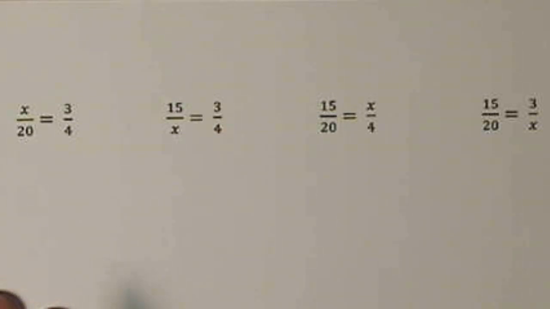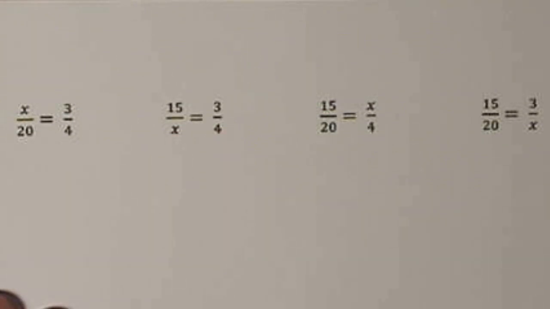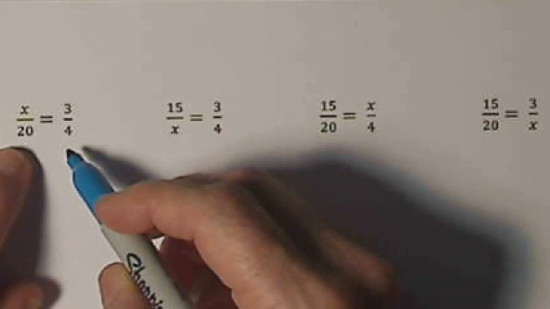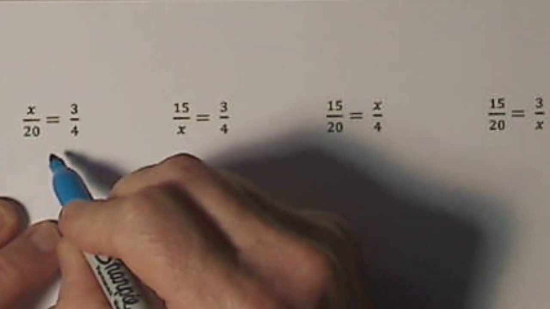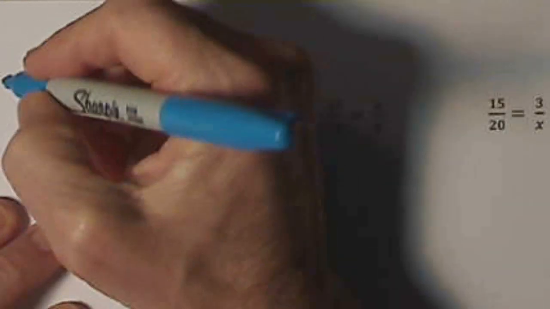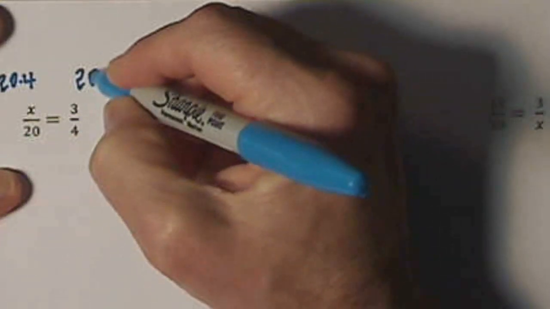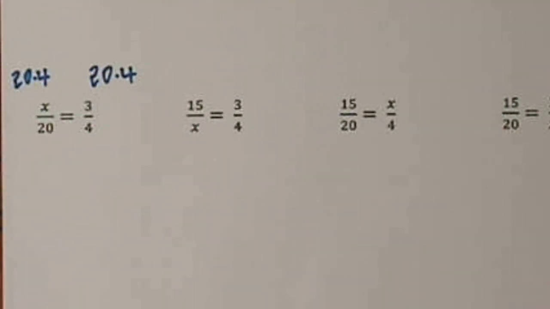To emphasize that this method keeps working no matter what we throw at you, instead of the least common denominator, which in this case would be 20, I'm going to multiply by the product of 20 times 4. And I'm actually going to write it that way. So a common denominator, it's not the least, but it's a common denominator, is 20 times 4. I do that on this side of the equal sign, I do that on this side, 20 times 4. And then we just go in and cancel what we can.